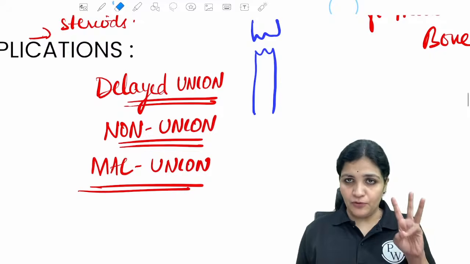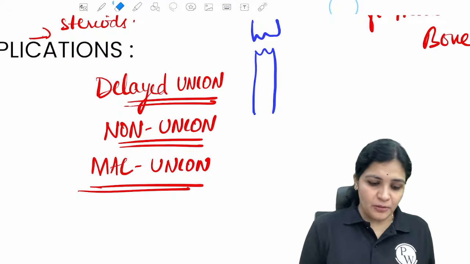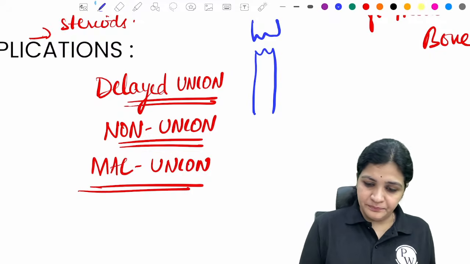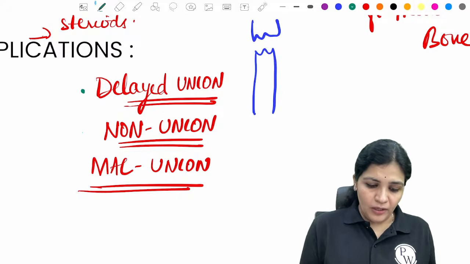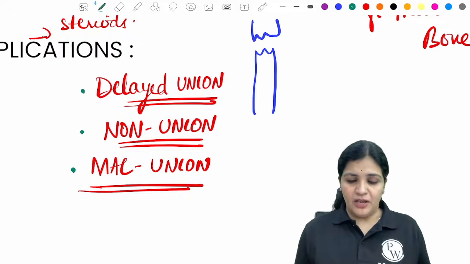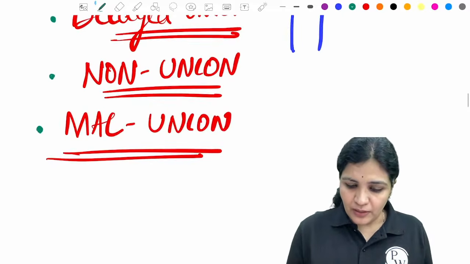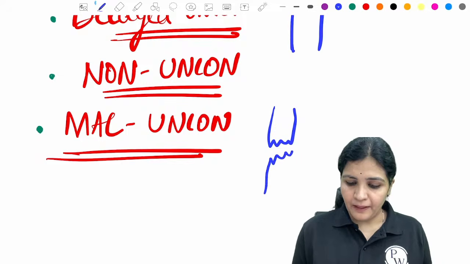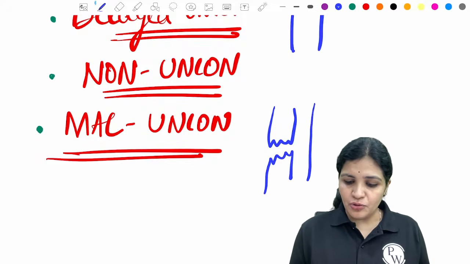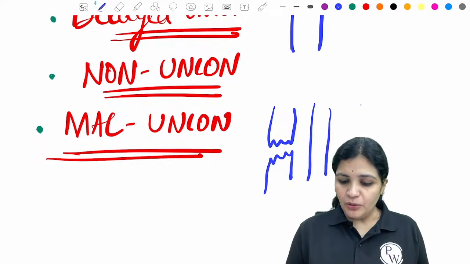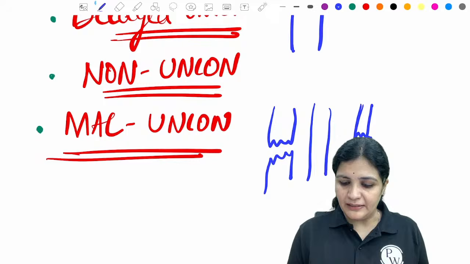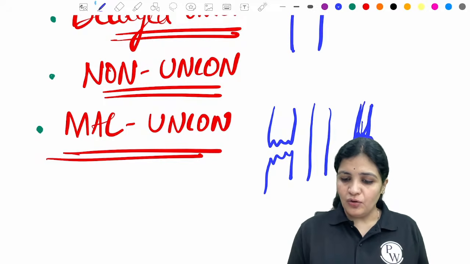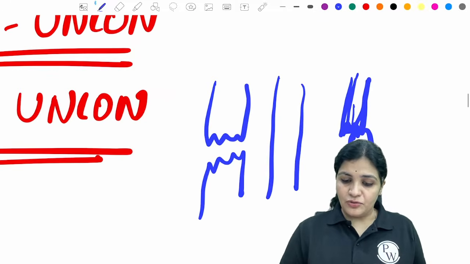There are three types of complications which can happen. There could be a delayed union, there could be a non-union, and there could be a malunion. So what is a malunion? If this is the fracture fragment, the fragments have to unite like this, right? If the union is not aligned, the union has happened something like this. This is called the alignment.